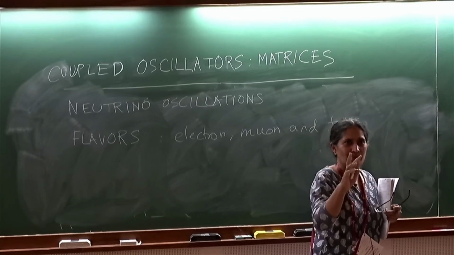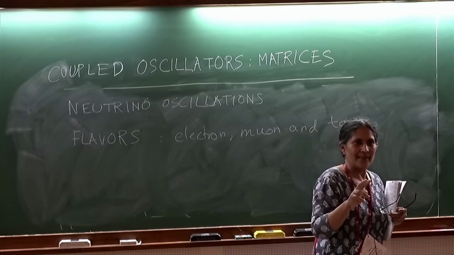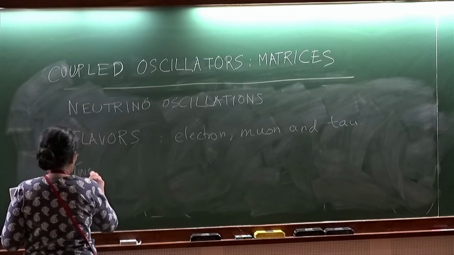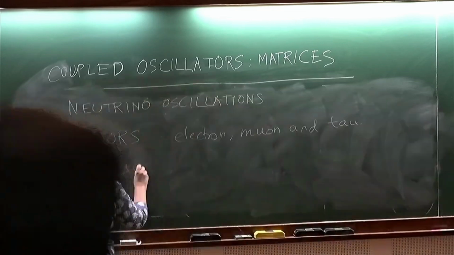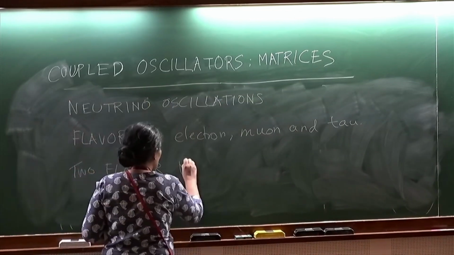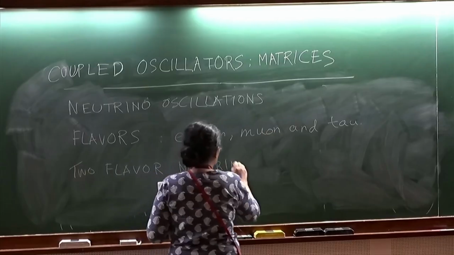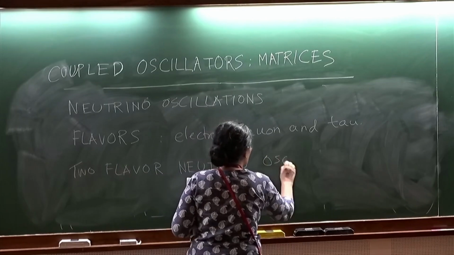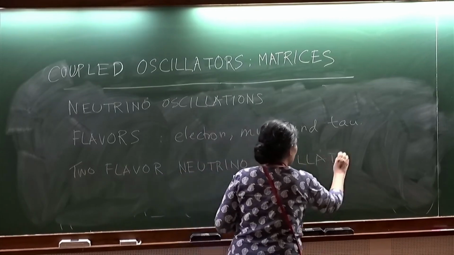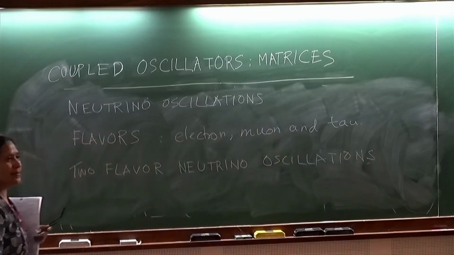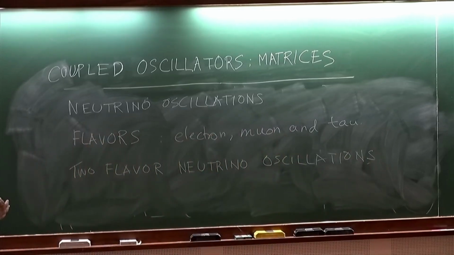Suppose we restrict to only 2 neutrino flavors, so let's consider the 2-flavor neutrino model. Now I think you're already probably realizing the connection with the problem that I had discussed earlier. You are actually dealing with a 2-state system.